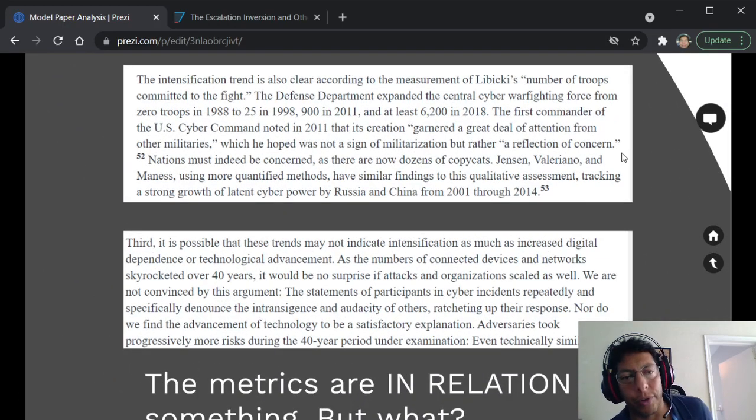Okay, so there's a bunch of metrics, right? If you're talking about escalation, you're going to try to put metrics on escalation of some kind, at least the unit value. Like we're going to say more and more people are being put on the job of Cyber Command, for example. How many of those people came out of the National Security Agency, though?